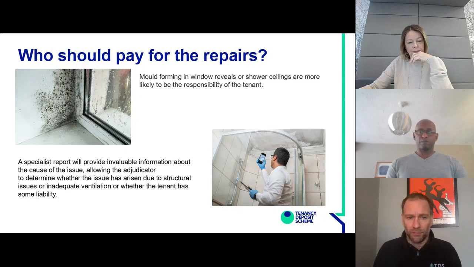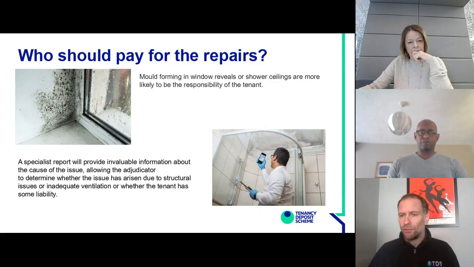The heating was whacked up to 30 degrees, something like this. These additional bits of evidence are going to assist the adjudicator in making an award, because just based on that check in and check out, it's going to be very difficult for the adjudicator to find that the tenants are in breach there.